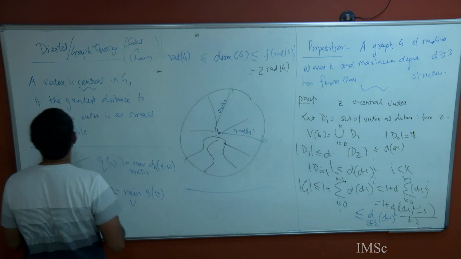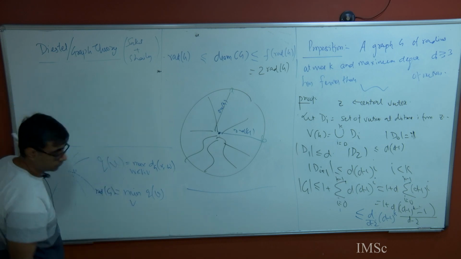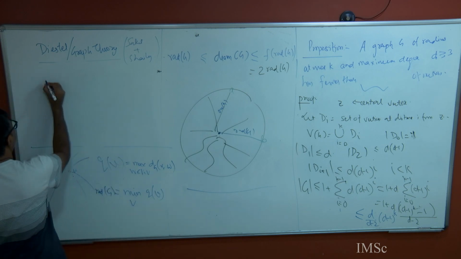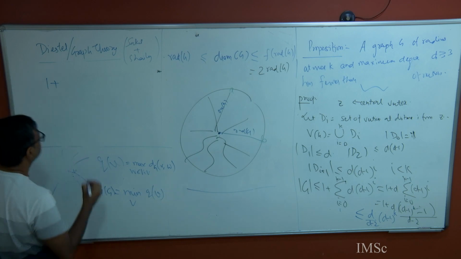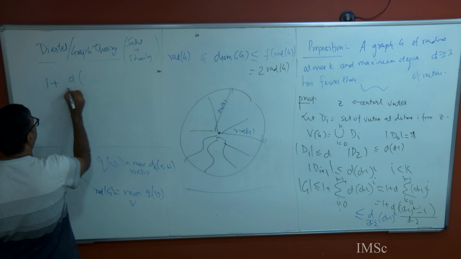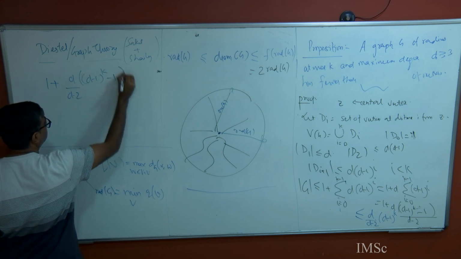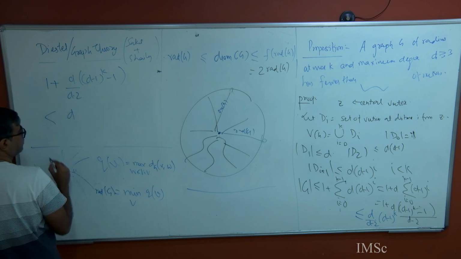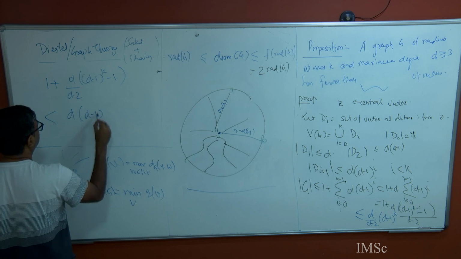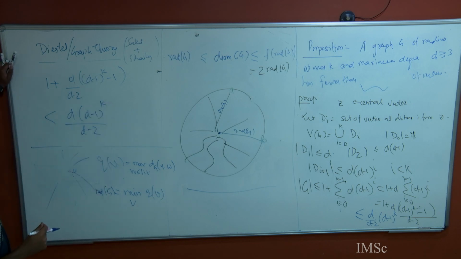Let's see. 1 plus d times d minus 1 to the power, this is what it is, right? I claim that this is less than or equal to d times this. Is that not true?